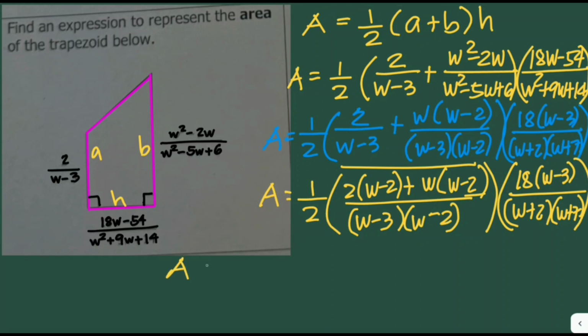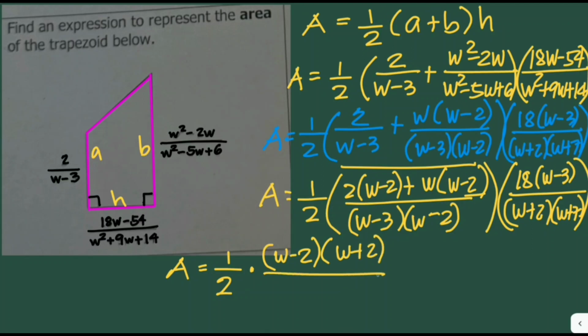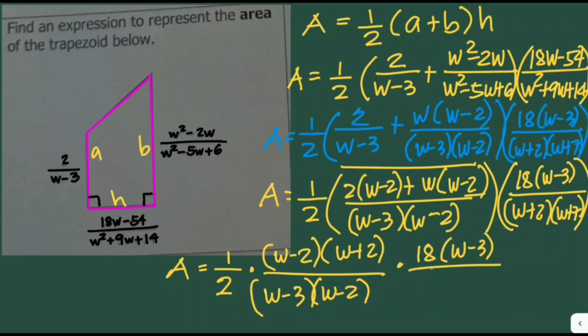Alright, we simplify this further. The area equals 1/2 times, we factor out w minus 2, w minus 2 times w plus 2 over w minus 3 times w minus 2, times 18 times w minus 3 over w plus 2 times w plus 7.